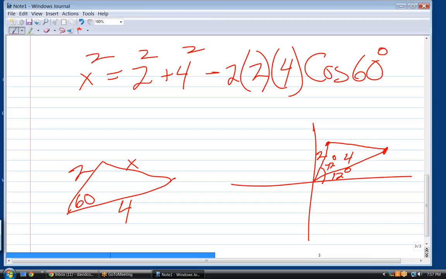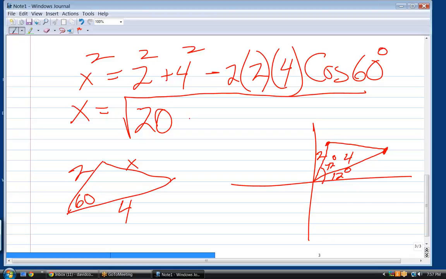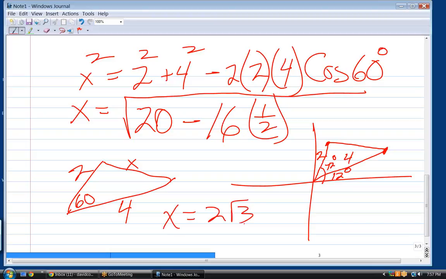Okay? So x equals the square root of 20 minus 16 cosine of 60 degrees, which is 1/2. So x would equal the square root of 12, which is 2 root 3.